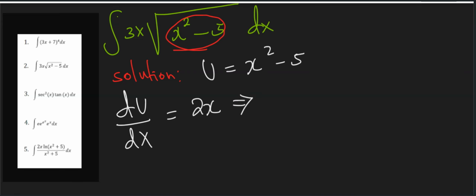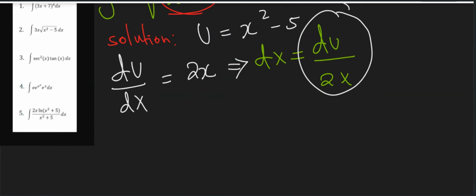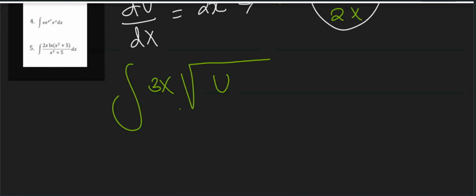This implies that dx will be the same as du over 2x. We substitute this back into the equation, so our new integration will be 3x square root of u multiplied by our dx now, which is du over 2x.